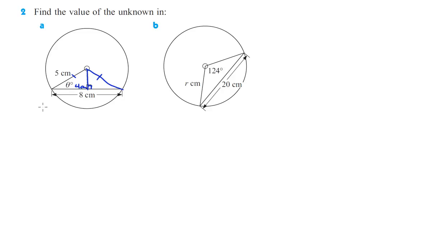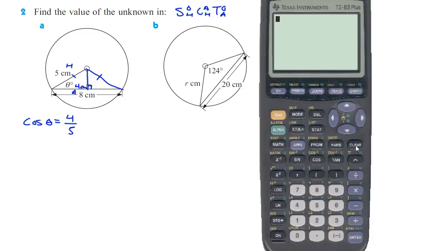Okay, so if we're looking for that angle there, this is the adjacent, this is the hypotenuse. So SOHCAHTOA with adjacent and hypotenuse is cosine. So we would want to do cosine theta equals adjacent, which is 4, over hypotenuse, which is 5. We will use our handy dandy calculator.